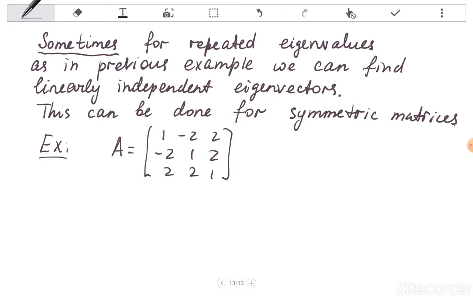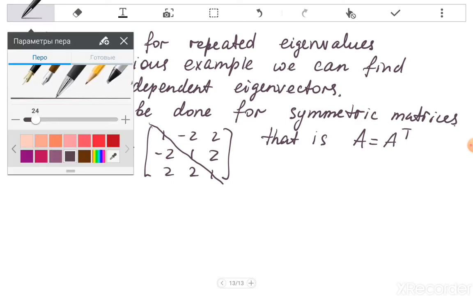So this matrix is symmetric. You see, if we draw a line along the main diagonal, the entries are symmetric with respect to the main diagonal. In fact, the definition of a symmetric matrix is when A is the same as A transpose. So you transpose the matrix, you get the same thing. In this case, we call the matrix symmetric.